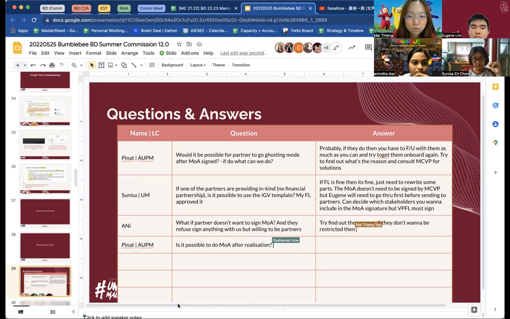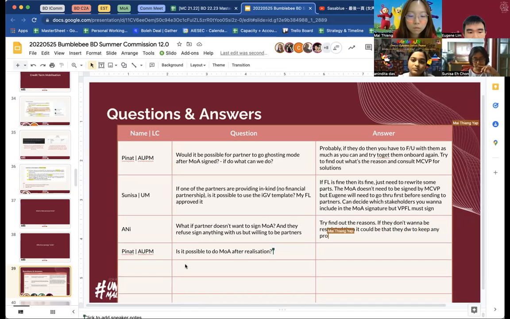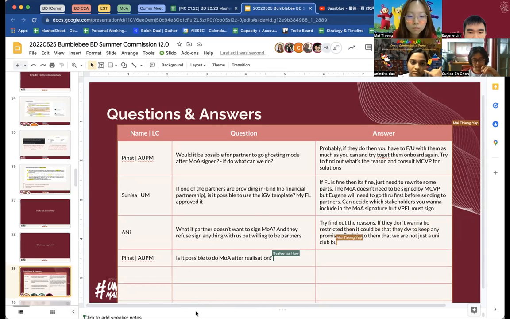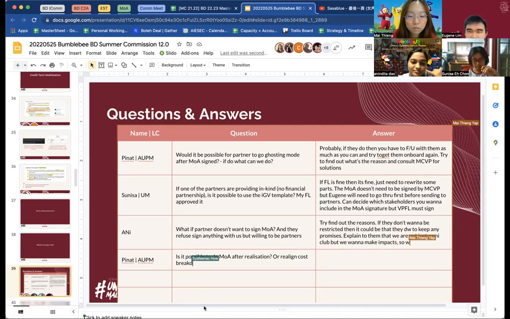If they say it's too restrictive and that it's useless for a university club, explain that you're not just a university club. Explain the impact you want to bring, their role in this partnership, and how they will contribute to the vision that we have. Try to get them on board, convince them with your pretty mouth. Hope that answers your question.